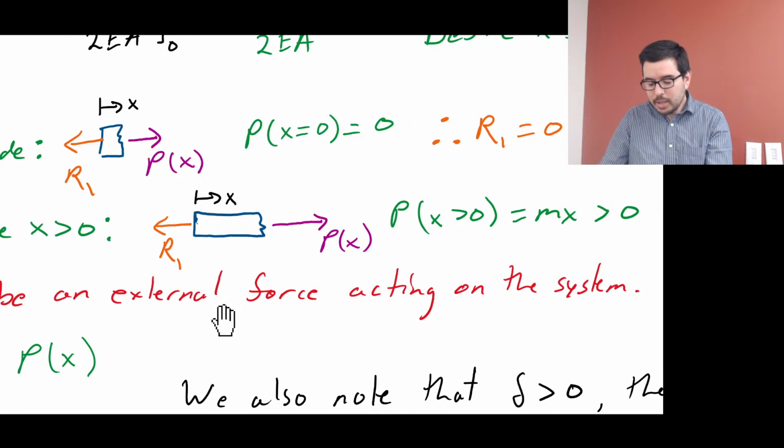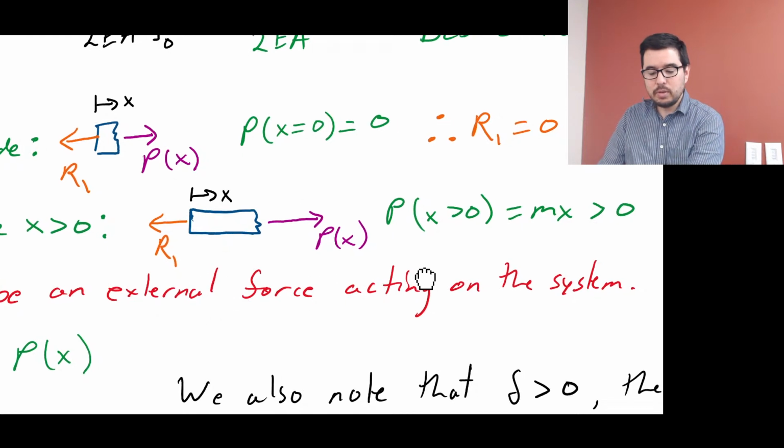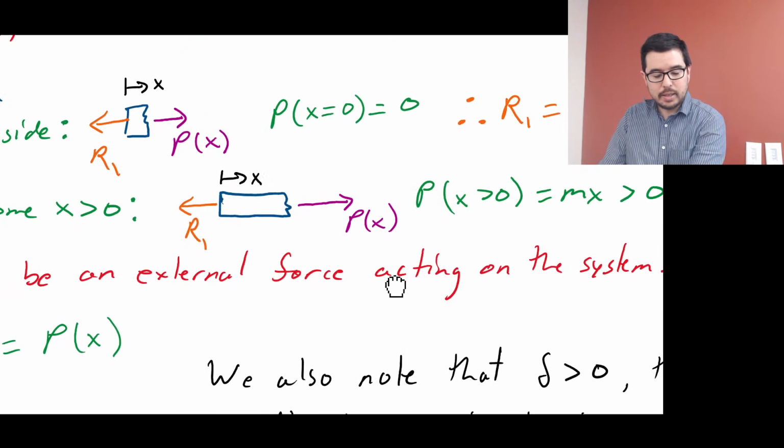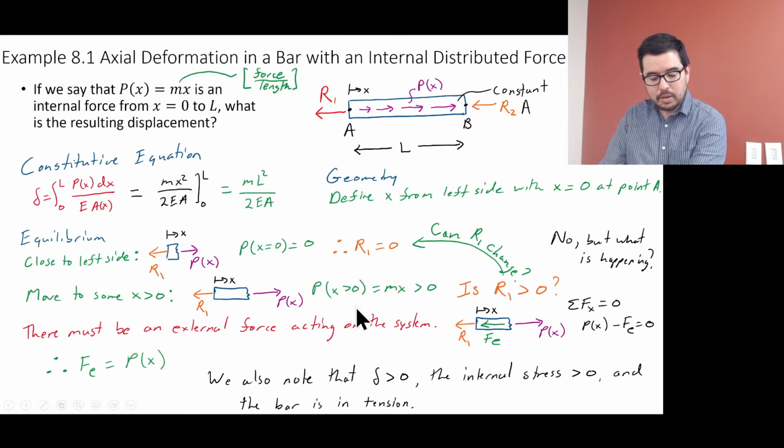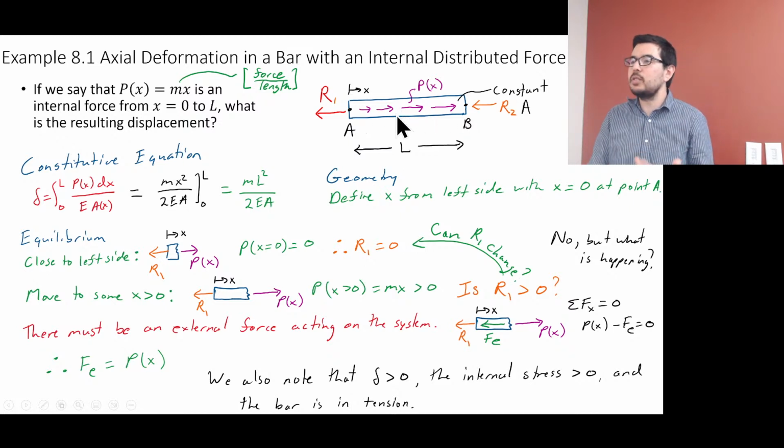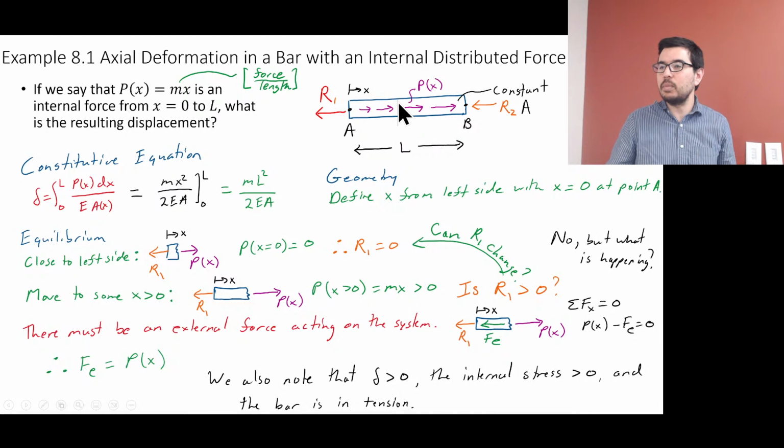So what must be happening for us to preserve equilibrium? There has to be an external force acting on this system in order to keep it in equilibrium. This is strange, because we said this is the internal load, and we didn't draw the external load on the system.